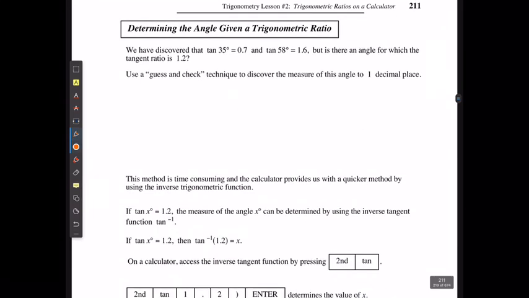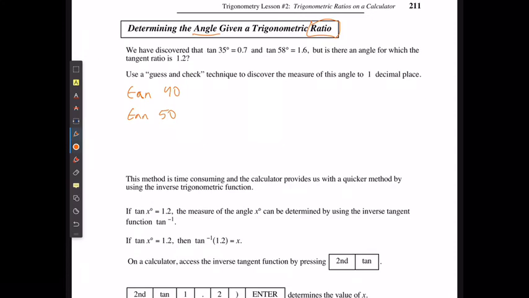If I need to put this into practice and I need to determine the angle given the ratio, anything that I can do in one direction, mathematically speaking, I can do in the opposite direction. So in this case, if it wants us to determine the angle, doing a guess and check, well, I could start with like tan of 40 or tan of 50.